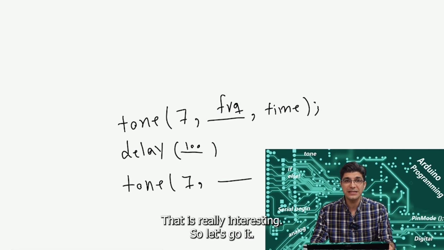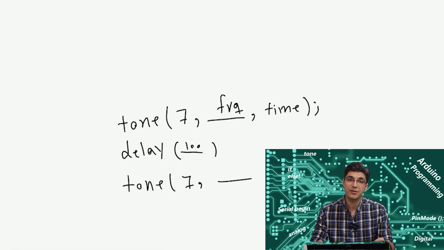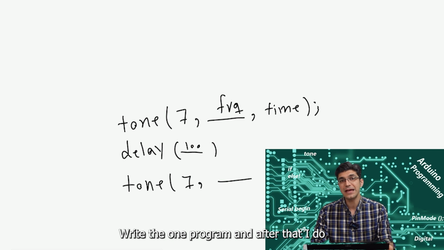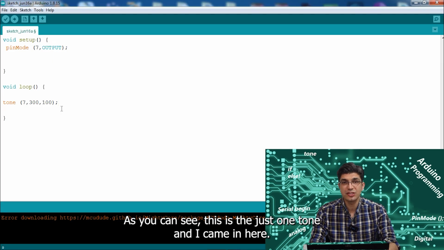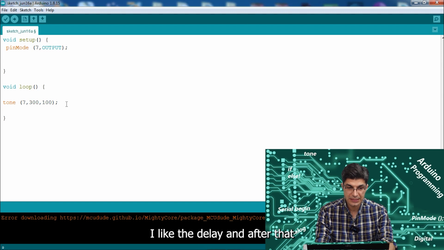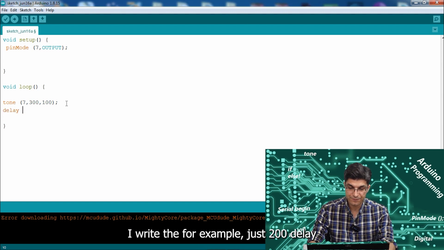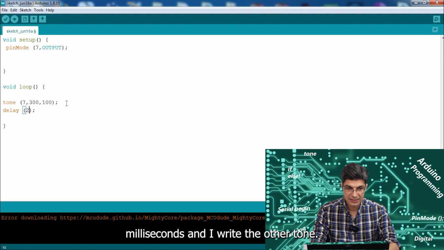That is very interesting. So let's go. I write one program, and after that I upload it to the Arduino. Okay, as you can see, this is just one tone, and I write the delay, and after that, for example, just 200 milliseconds of delay, and I write another tone.